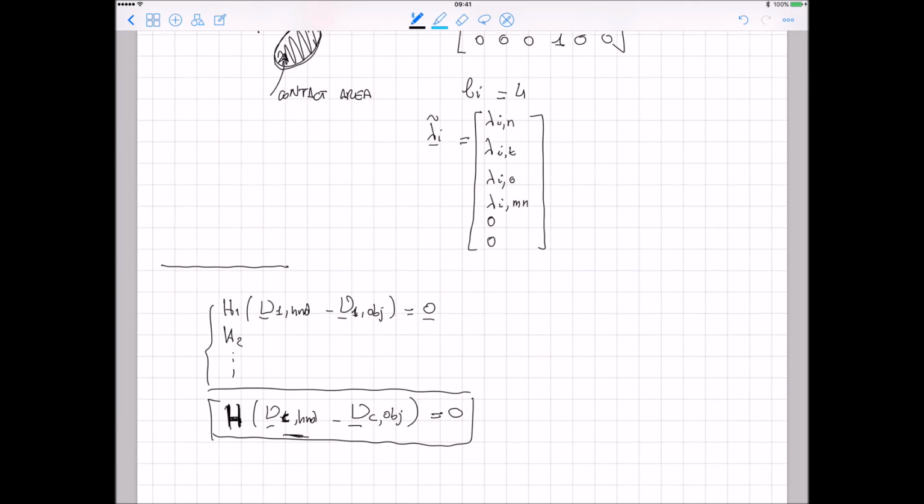Recalling what we got from the kinematic study, we can write that the twist on the hand is given by the complete Jacobian matrix multiplied by q dot minus. This is related to the twist of the object through the transpose of the complete Grasp matrix.